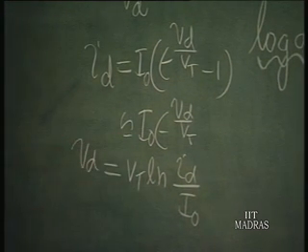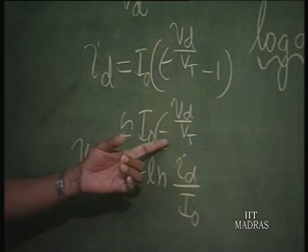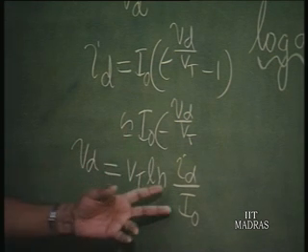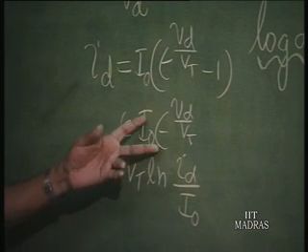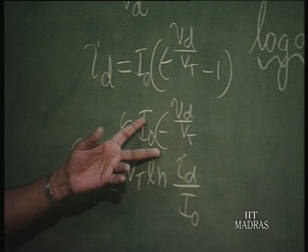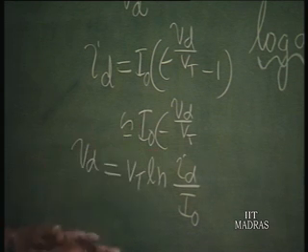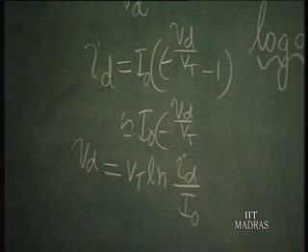This is the log operation of the current, and this is the anti-log operation of that. So, by using this current and voltage interchangeably, we can perform both log and anti-log operation.